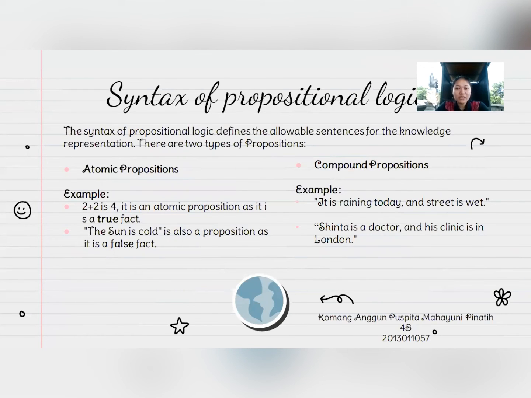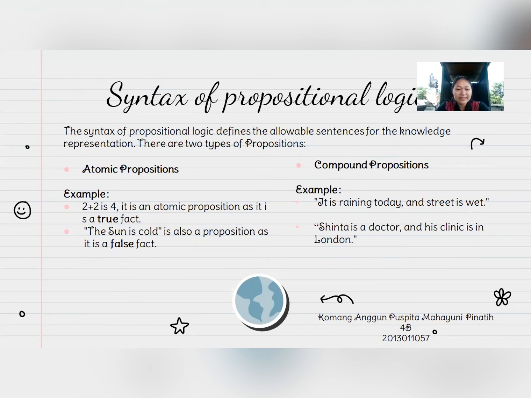Syntax of propositional logic. The syntax of propositional logic defines the allowable sentences for knowledge representation. There are two types of propositions. First is atomic propositions. Atomic propositions are the simple propositions. They consist of a single proposition symbol.